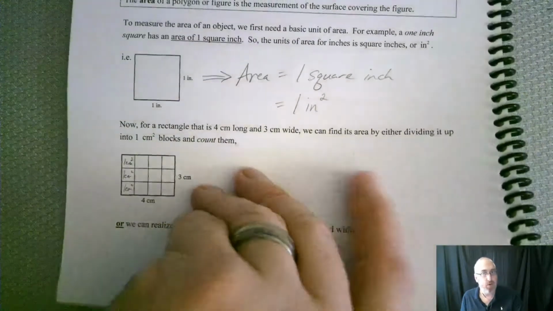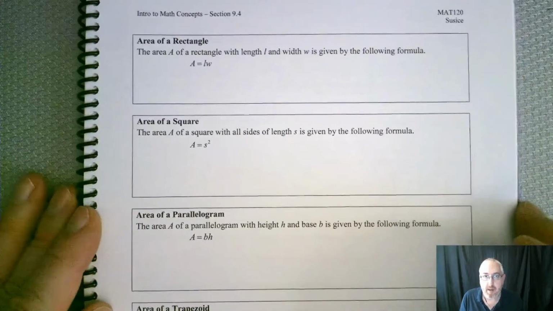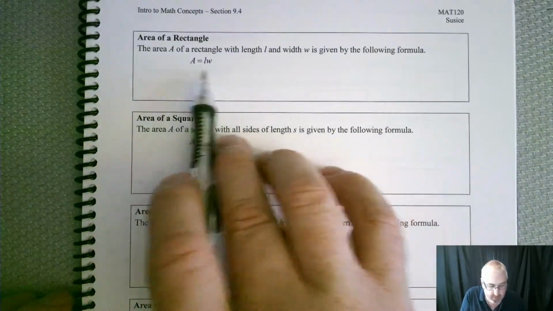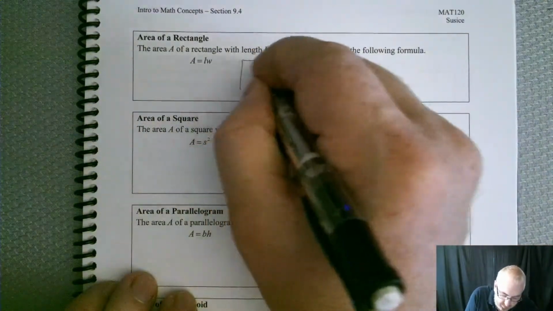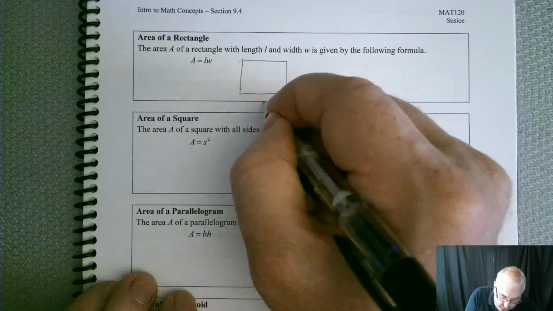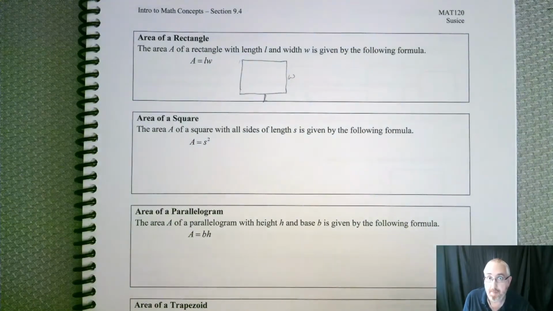So that's our first formula. Area of a rectangle. If we know the length and we know the width, all we have to do is multiply those 2 together. So again, we just have a rectangle, and again, we need the length and the width. And just flat out multiply and you're done.